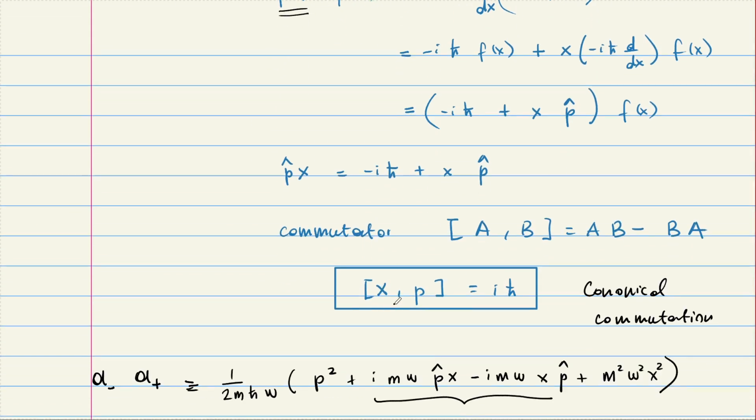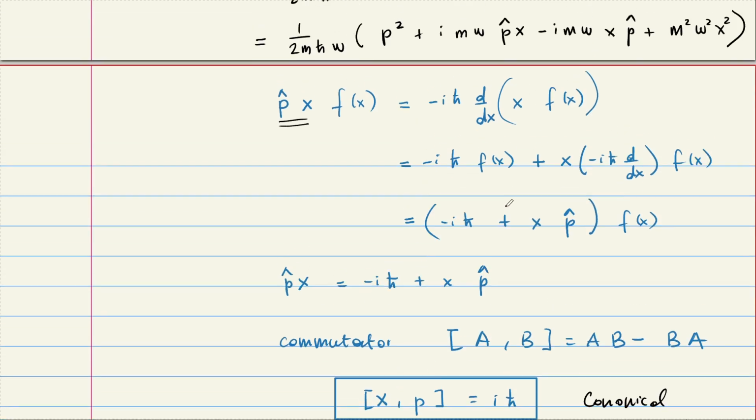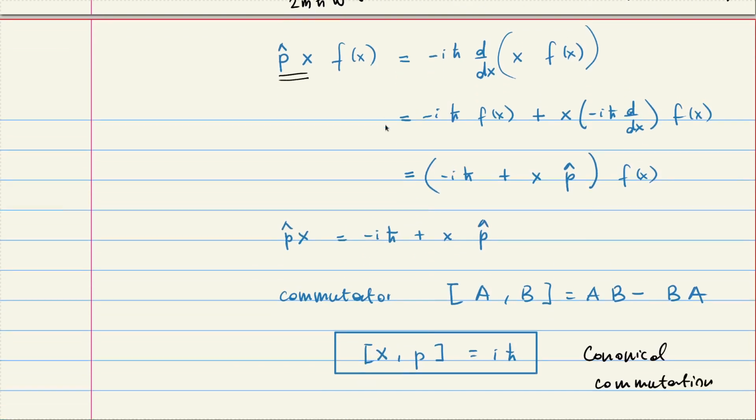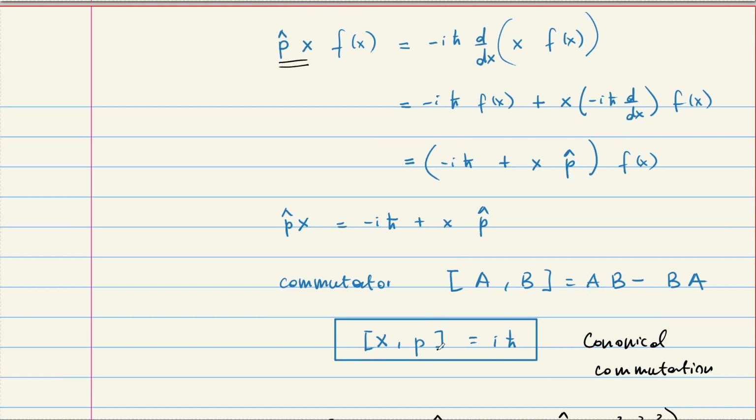And a compact way to represent this result is the so-called canonical commutation relation. The canonical commutation of any two operators A and B is written as AB minus BA. And for x and p, in a little bit of two-line calculation with a test function, we found that the commutation of x with p is i h bar.